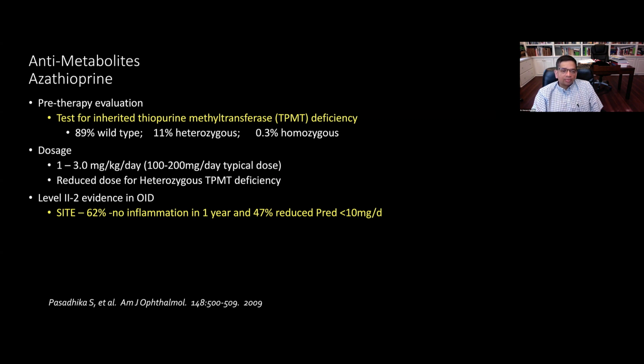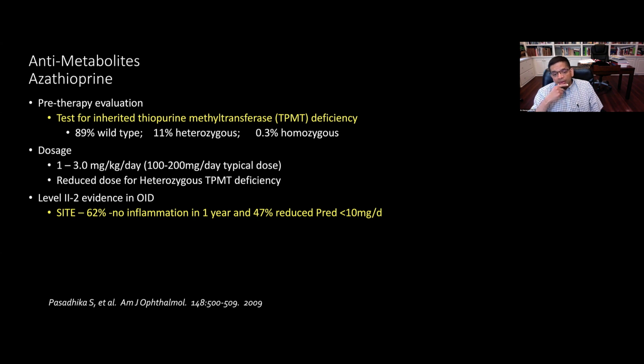So again, we discussed the TPMT deficiency. Usually I use 100 to 200 milligrams per day as the typical dose of Imuran, and we reduce the doses if the patient has known heterozygous TPMT deficiency. With homozygous TPMT deficiency, I don't use it at all. It's very rare, but I don't use Imuran at all.